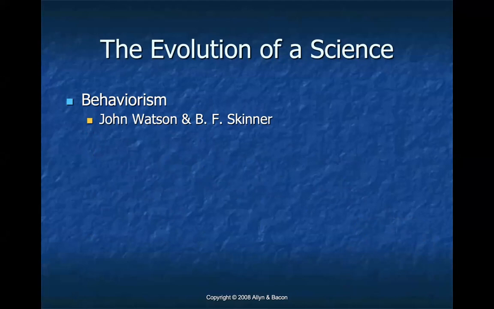John Watson and B.F. Skinner used data. They collected data, which meant they followed the scientific method. They analyzed it. They made a hypothesis. They researched more. They made a theory. People checked their theory and rechecked, and it's still a theory.